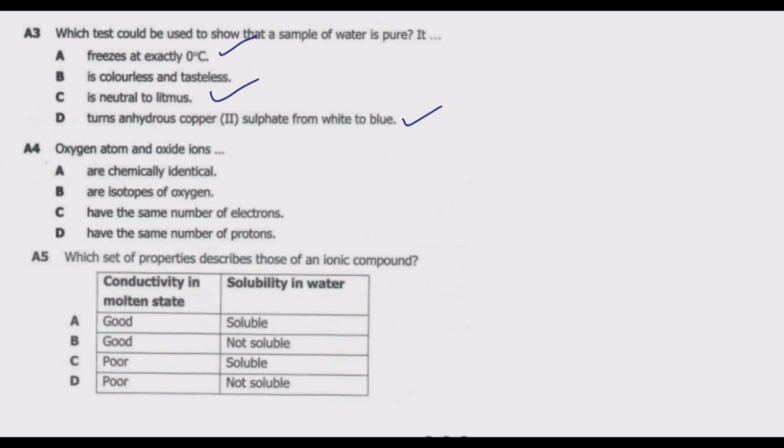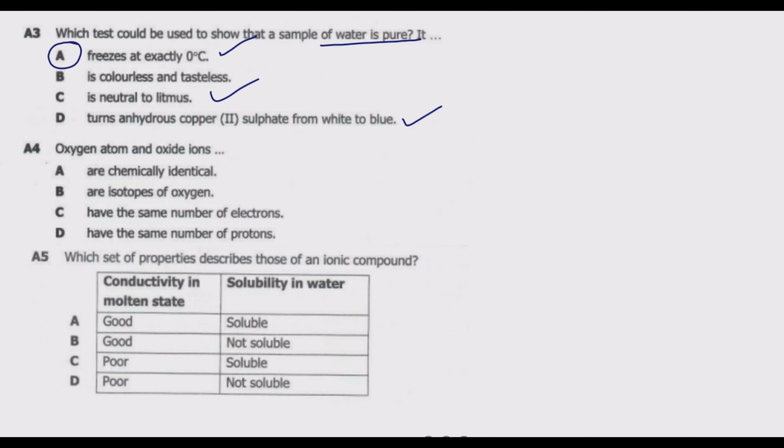Then the other turns white anhydrous copper 2 sulfate blue, which is D. Then the one which is used to test whether the water indeed is pure or not is the fact that pure water boils at 100 degrees Celsius and freezes at 0 degrees Celsius. So among these options, you notice that A is the one that is used to test for pure water.